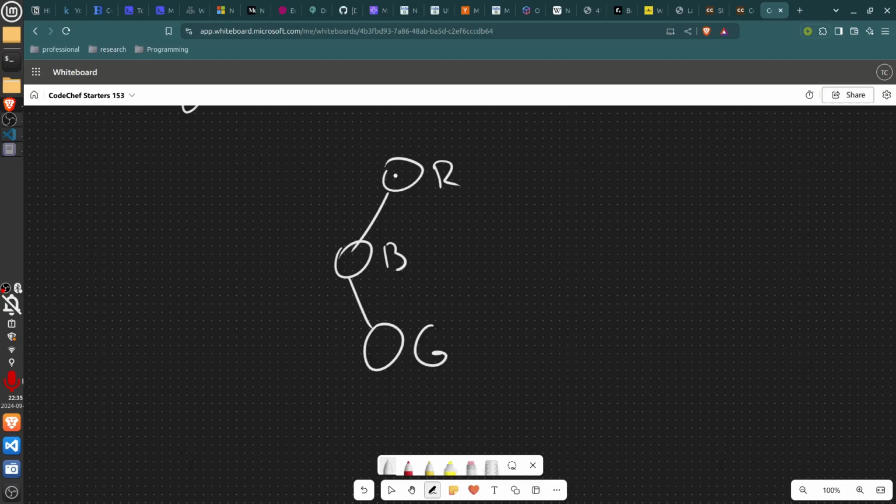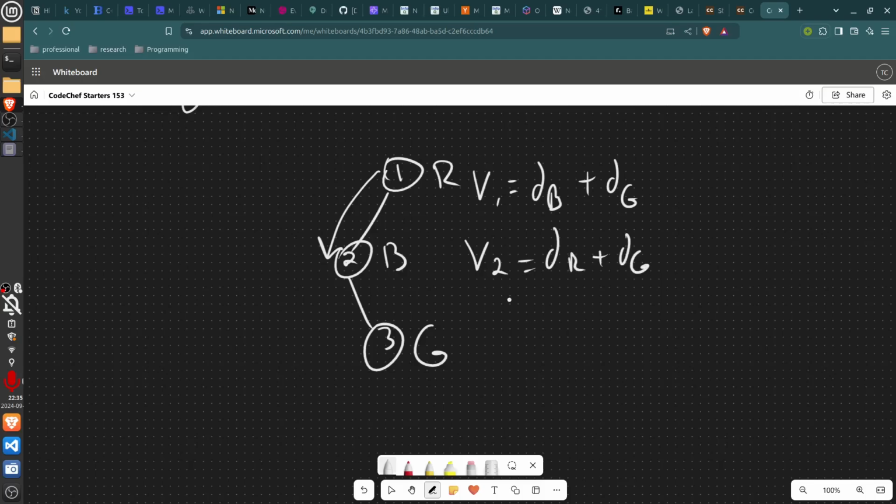And if you look at this, what's the total score of this one? There's 1 distance to the blue, so the distance to blue plus the distance to green will be the score for node 1. The score for node 2 will be the distance to red plus the distance to green, and the score for node 3 will be the shortest distance to red and the shortest distance to blue.